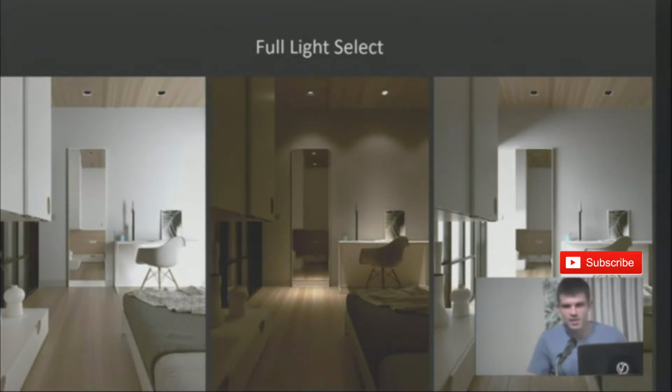The V-Ray Light Select has been updated quite a bit, and now it can give you the full light contribution of a light or groups of lights and split it in a separate render element. This means that I can render a whole scene with many different lights split into V-Ray Light Selects, and I can change the lighting completely in the post-production stages.